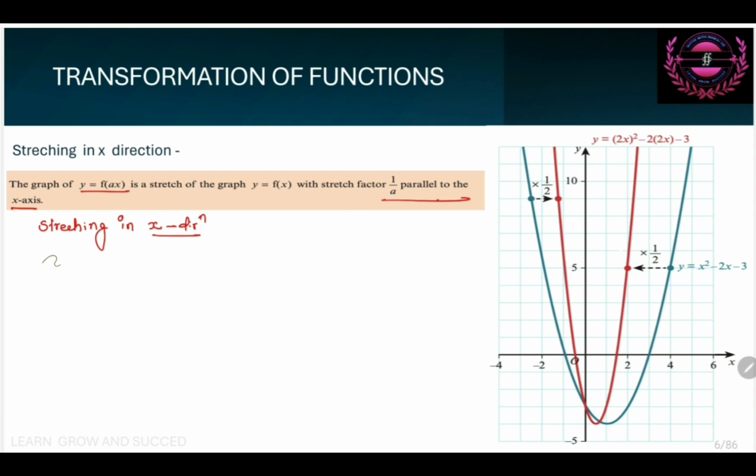So I will replace x with, this is important, I will replace x with what?